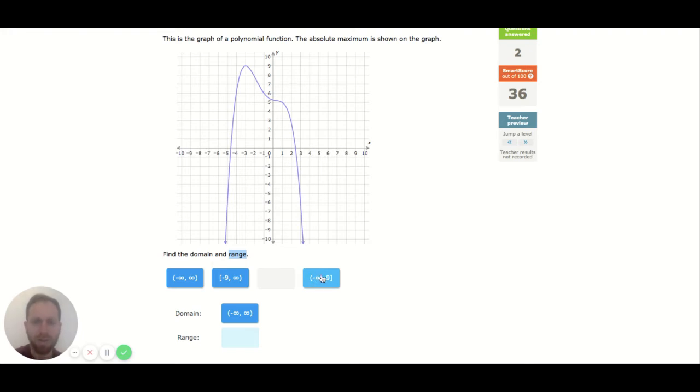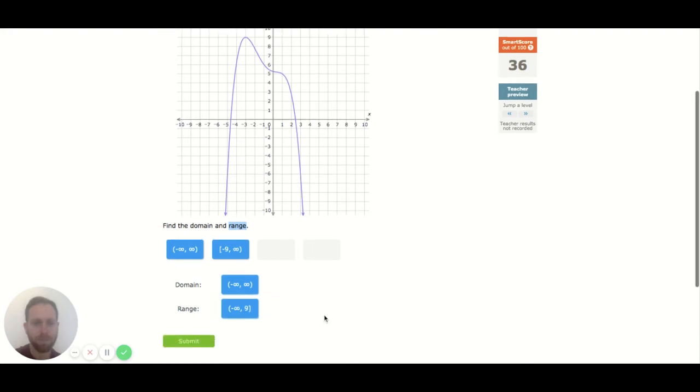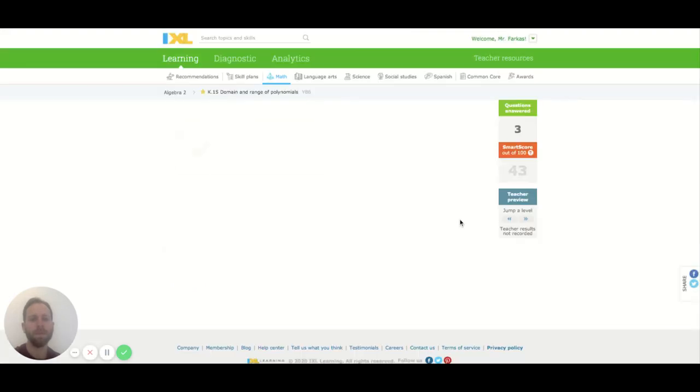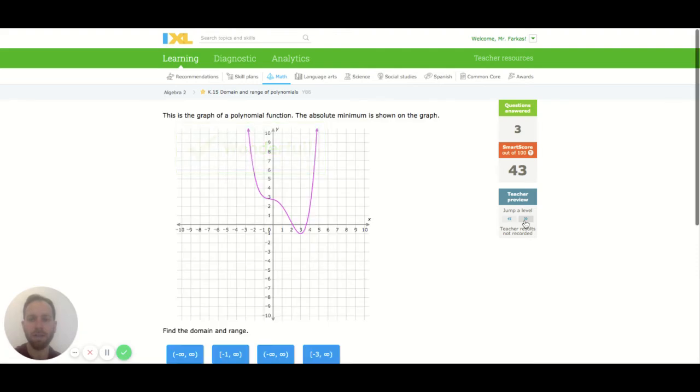We don't really know. That's just a concept. It's not a real number. So it can't actually hit that point, whereas it can actually hit the 9, and it can include the 9. So we want everything from positive 9 down to negative infinity, because it's still going down. Where's the positive 9? Here's the positive 9. Wonderful. All right, so let's go to the next level, and let's see if it gets any trickier.